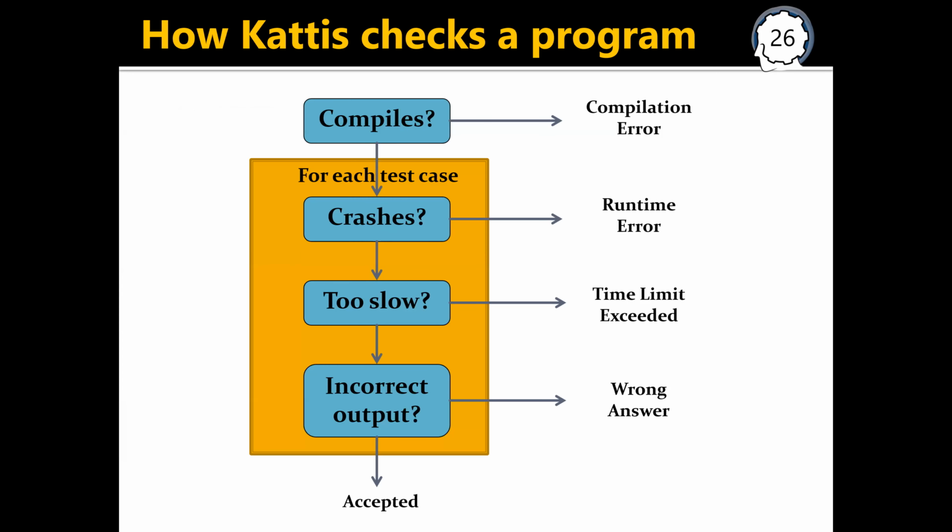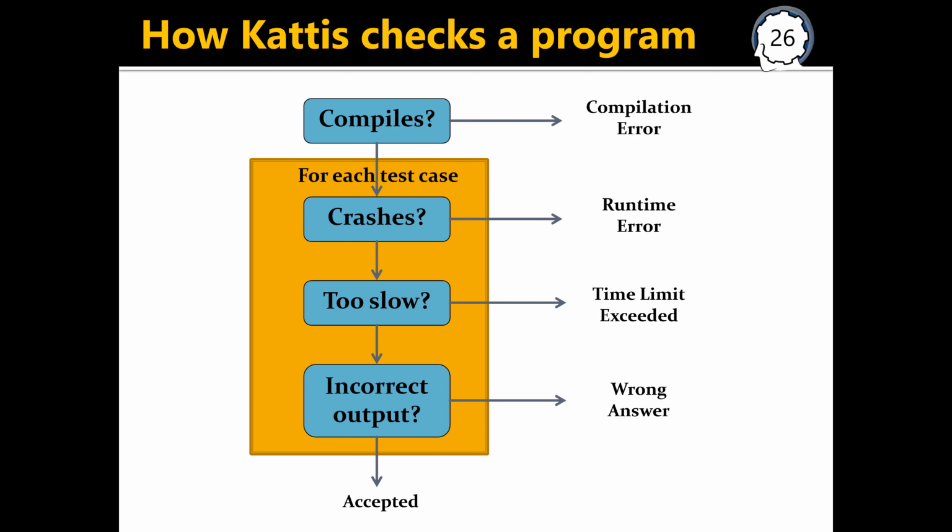It's good to understand how CATIS checks a program. When you submit a program to CATIS, first of all, it tries to compile it. If it cannot compile it, you will get a compilation error. If this was a competition, you wouldn't get any penalties for this. After it has compiled, it will run the program for each test case. If it crashes, you will get a runtime error.